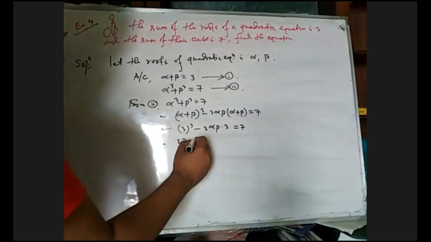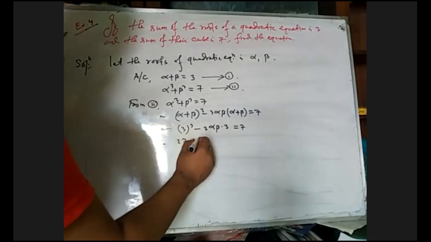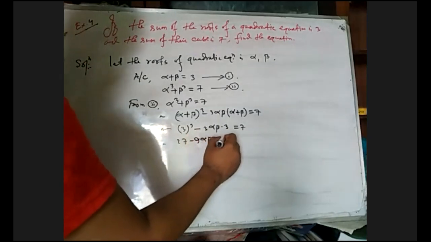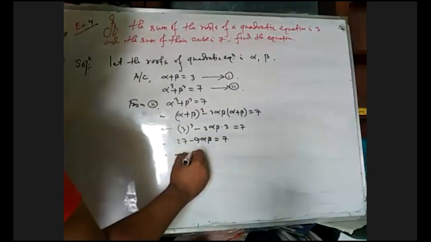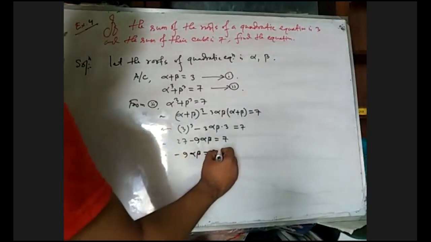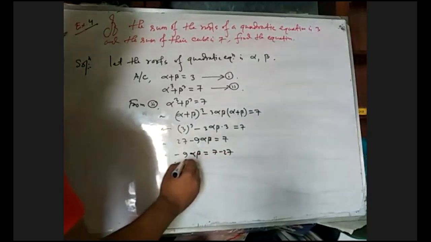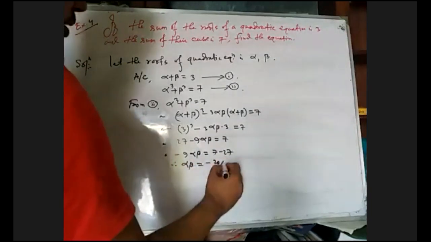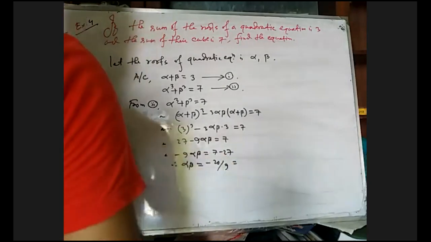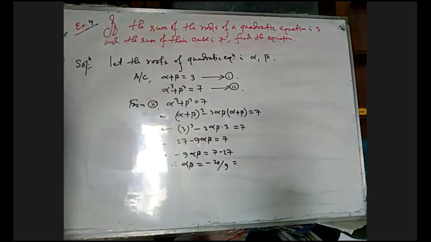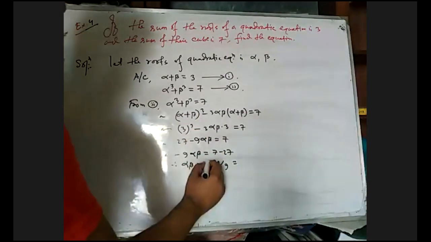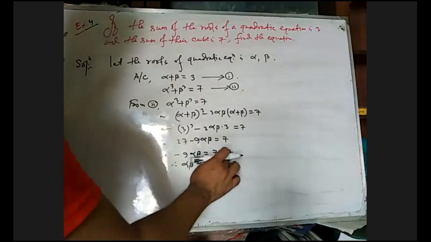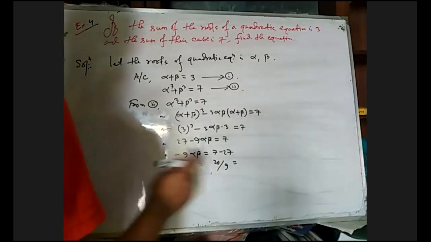Or 27 minus 9 alpha beta equals 7. Or minus 9 alpha beta equals 7 minus 27. Therefore alpha beta equals minus 20 by minus 9, that means 20 by 9.